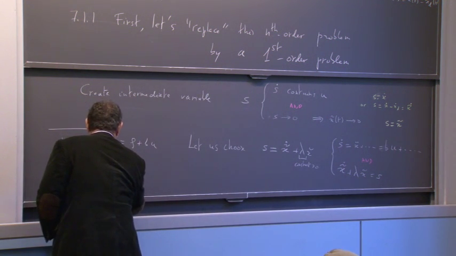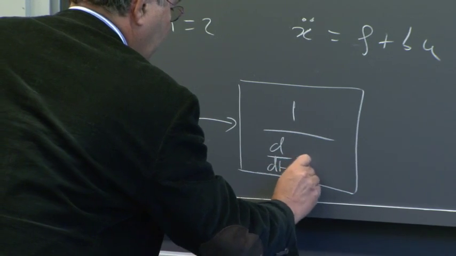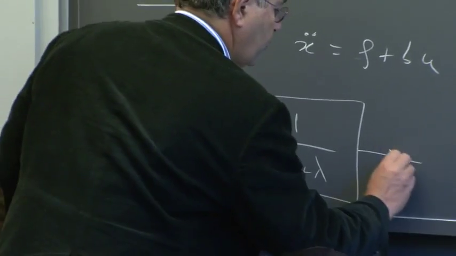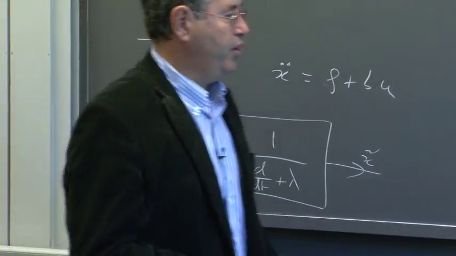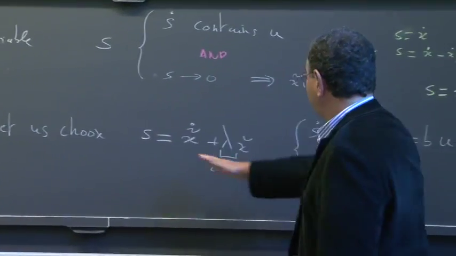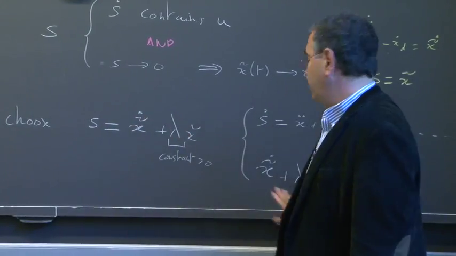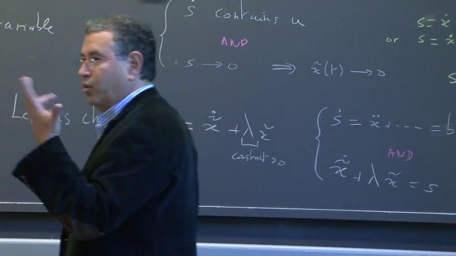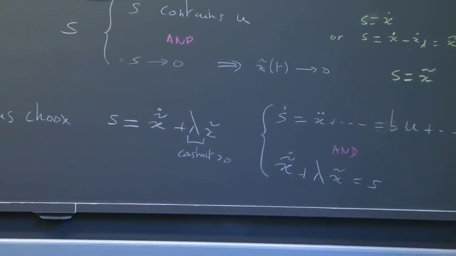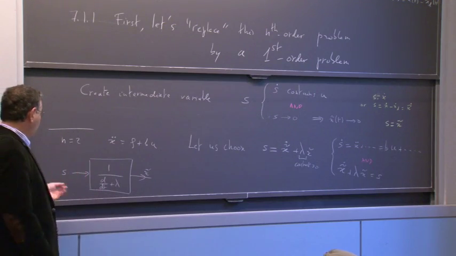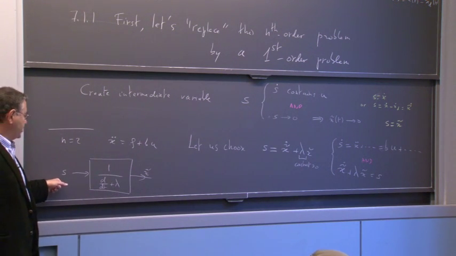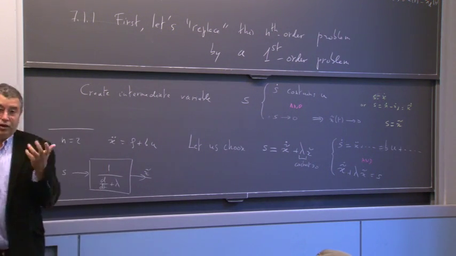It goes through this low-pass filter. Since I don't use the s variable for Laplace, I just use d over dt. And I get x tilde. So in other words, the computer computes this, but you can interpret it this way: this equation of s can be viewed as the equation of a filter where s is the input and x tilde is the output.